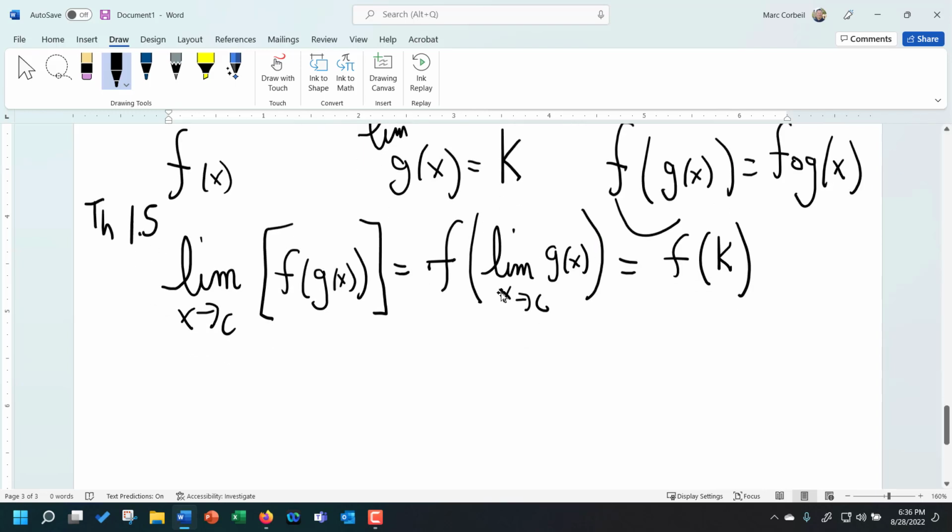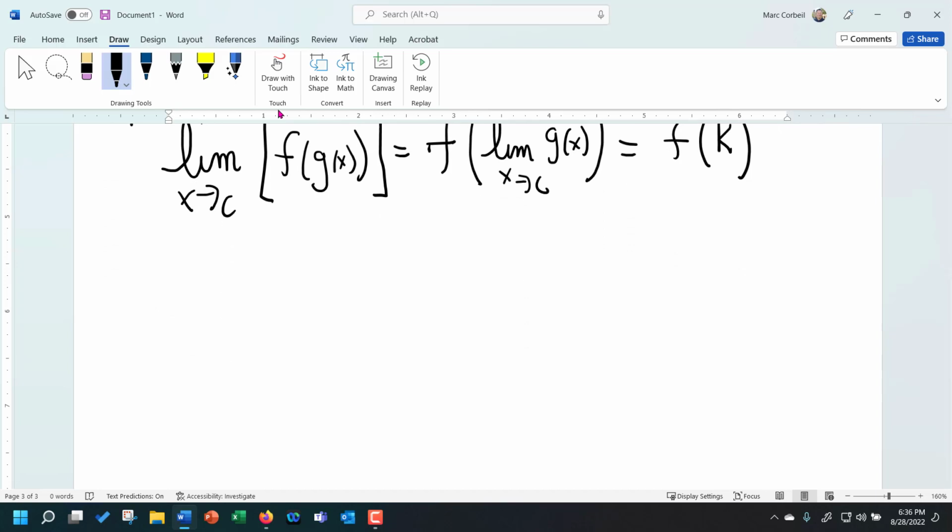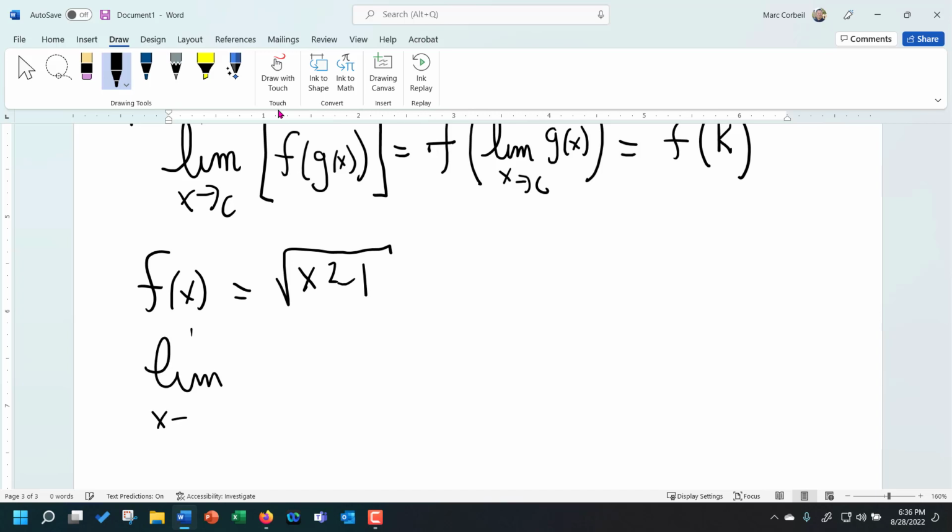So that kind of means, in a nutshell, I could do some problem like this. f of x is equal to, let's say, the square root of x squared minus 1. So if I did the limit as x goes to 3 of that, here I would have x squared minus 1 as my function.